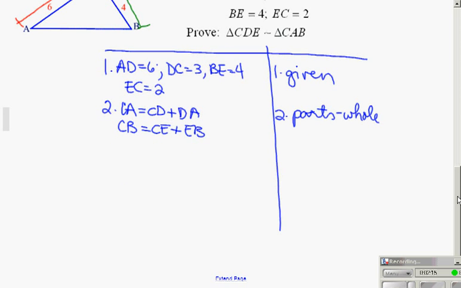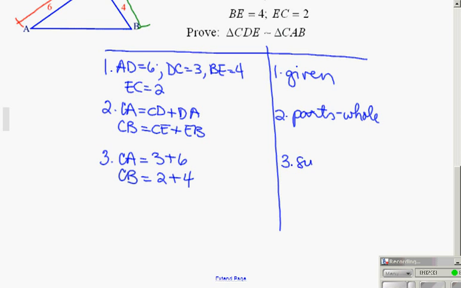Now that I have those two in there, I'm going to do a little math substitution here, and I'm going to say that CA is equal to 3 plus 6, and CB is equal to 2 plus 4.